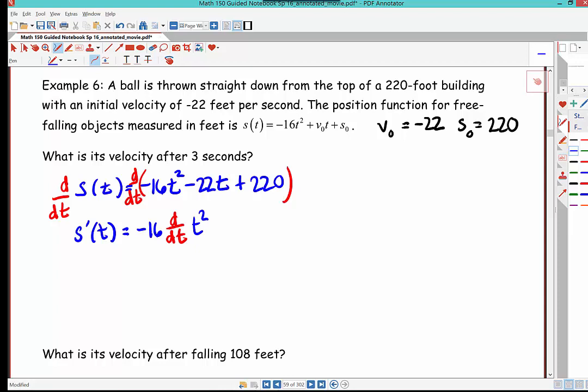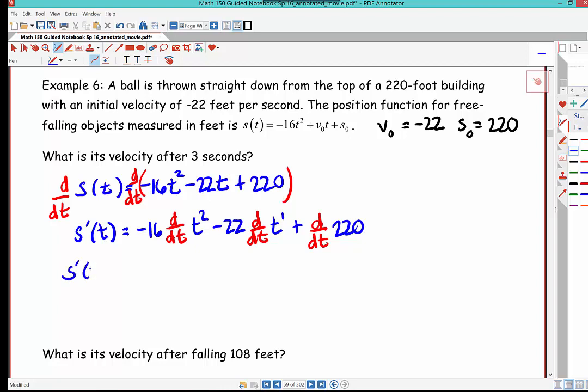So I'm kind of moving that scalar out of the derivative as I bring the derivative into each term: minus 22 times the derivative with respect to t of, remember that's like a t to the 1, and then plus the derivative with respect to t of this constant 220. Okay, so far? Beautiful.